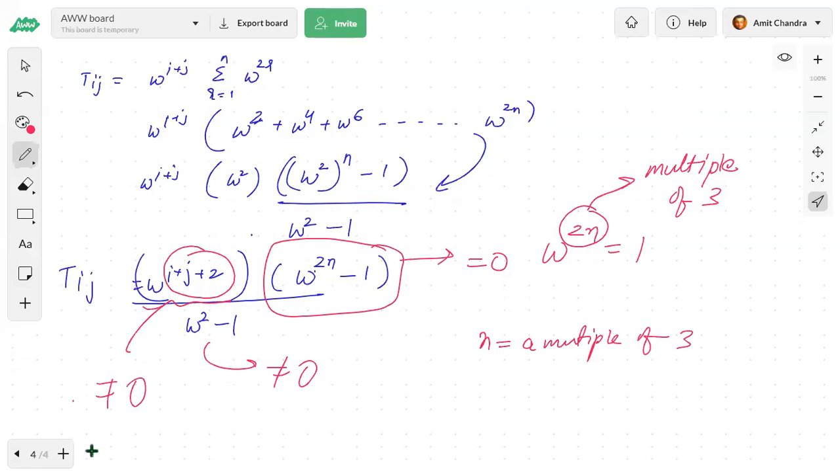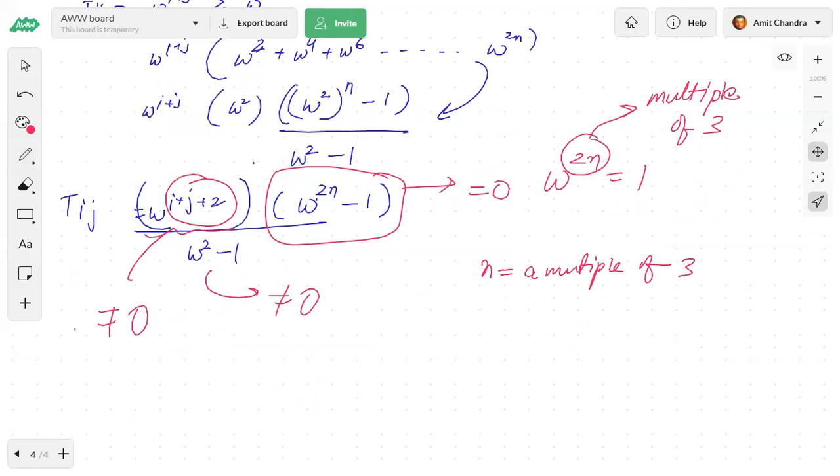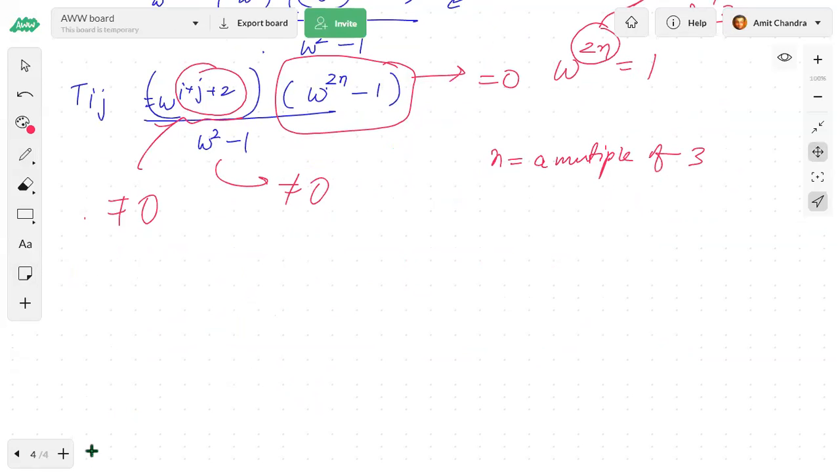See, for different i and j, if I use this concept, let's write the different elements of Tij, the complete T matrix.